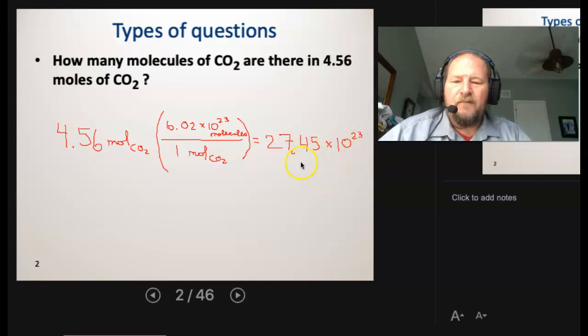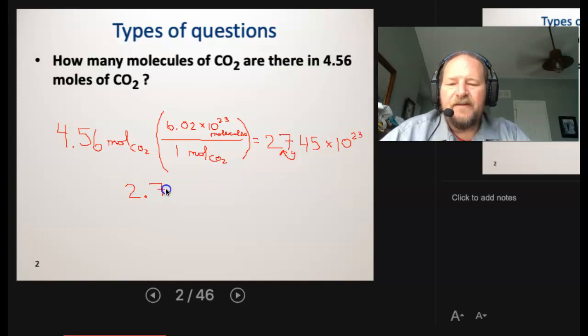Remember, we are going to move the decimal point over here. We need to be in scientific notation. And so we're going to have 2.745 times 10. And now since I moved that decimal point over 1 time, 23 is going to go up, right? We made a big number small, so my exponent has to go up to account for that. And so this is going to be 10 to the 24th.